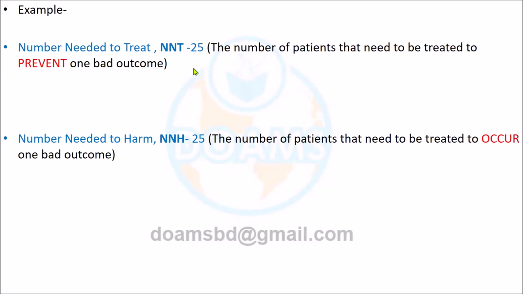Okay? Occur is the bad thing. Prevention is a good message. So it's a similar word, and I am very thrilled to tell you, whenever you go through a medicine textbook, you may find this word NNH, NNT. It will be easier for your medicine book reading. Otherwise, you will be puzzled. What does it mean?